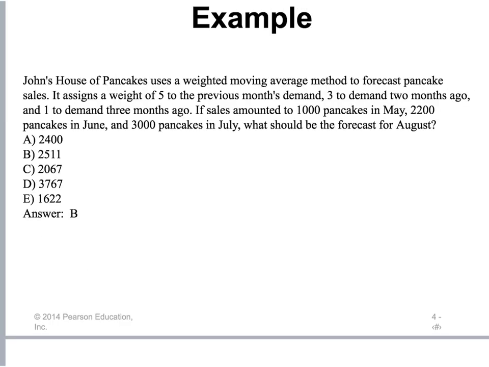John's House of Pancakes uses a weighted moving average method to forecast pancake sales. It assigns a weight of 5 to the previous month's demand, 3 to 2 months ago, and 1 to 3 months ago. If sales amounted to 1,000 pancakes in May, 2,200 in June, and 3,000 in July, what's the forecast for August?